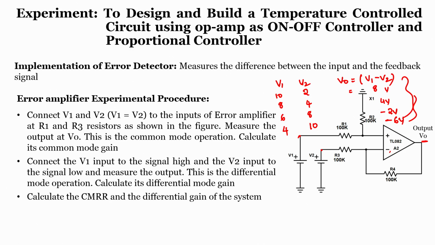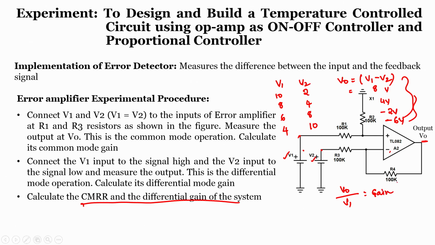Now, to calculate the gain as well as the CMRR value of the system, both practically and theoretically, we can apply the same signal at V1 and V2 and see what output voltage we get. V out by the input voltage is nothing but the gain of your system.